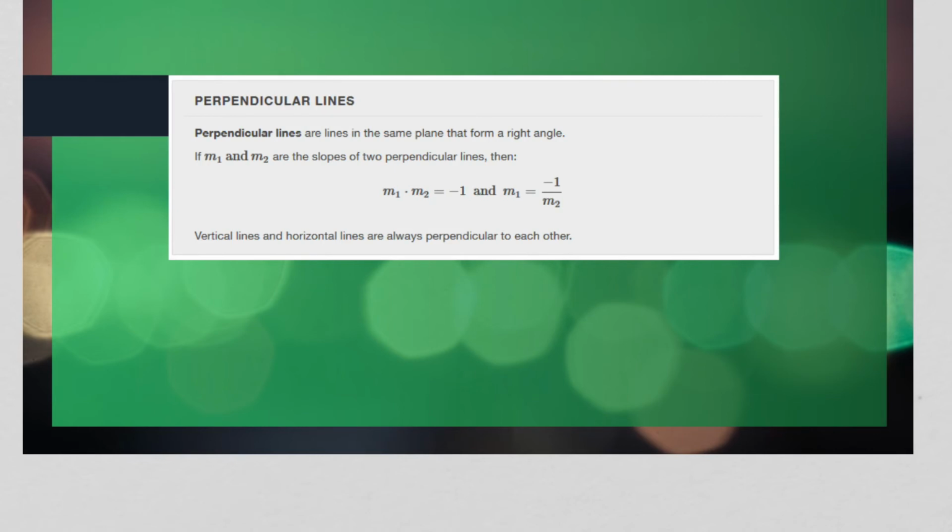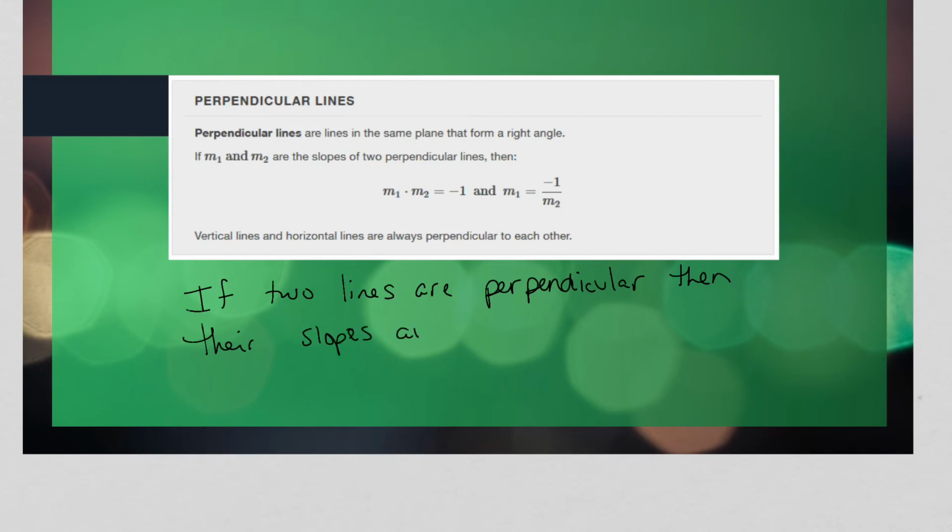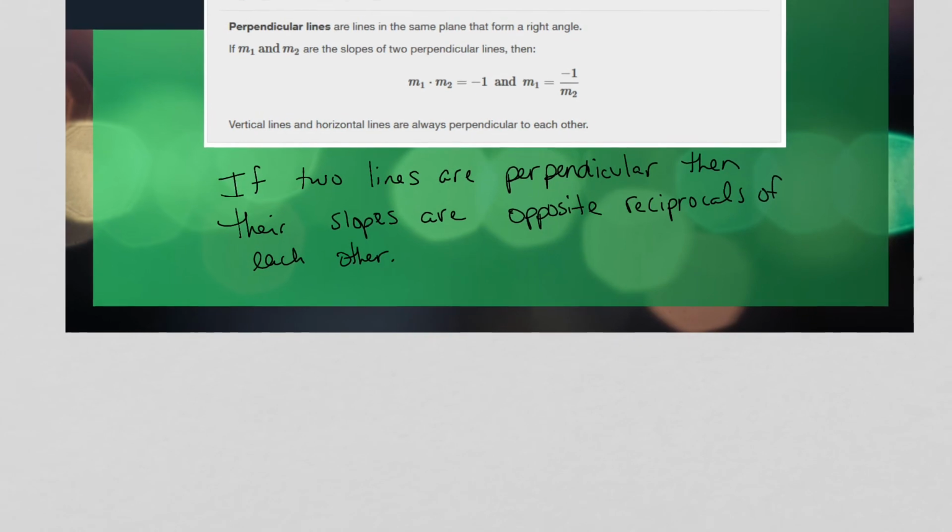So, let me write here. If 2 lines are perpendicular, then their slopes are opposite reciprocals of each other. And now let me show you an example of what I mean by opposite reciprocal.